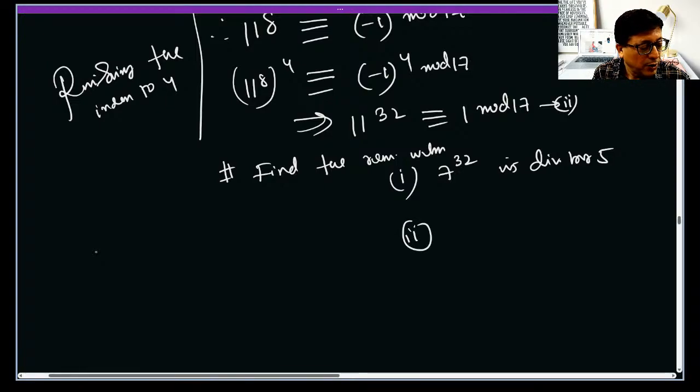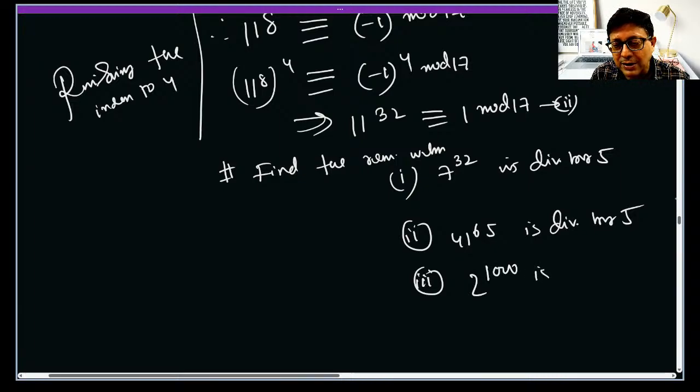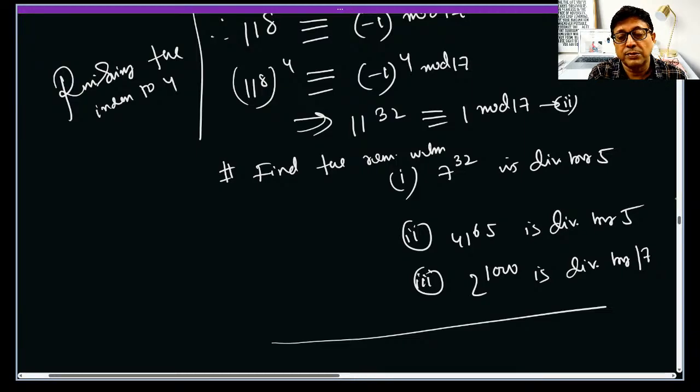Number 2: 41 to the power 65 is divided by 5. Also you can take another one: 2 to the power 1000 is divided by 17. Do try all this at home.